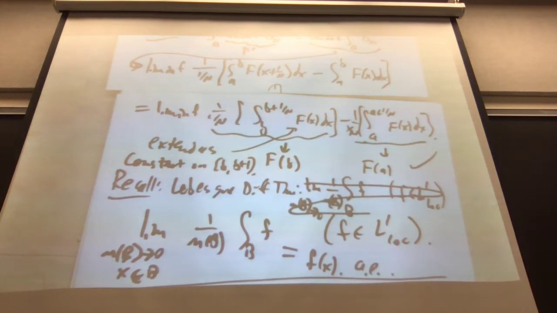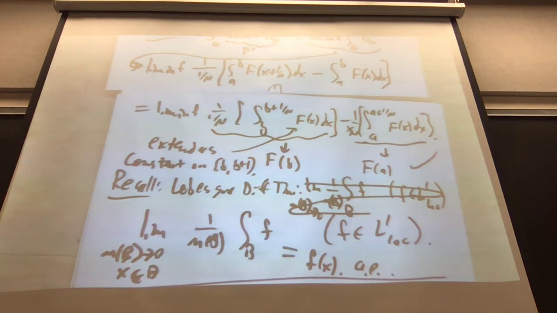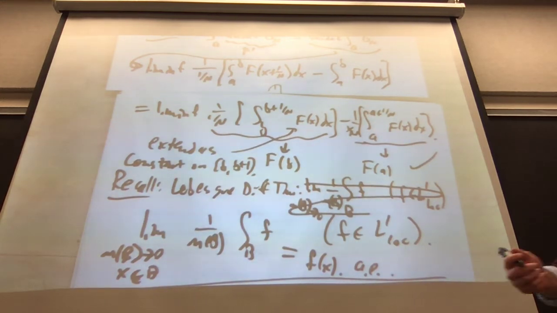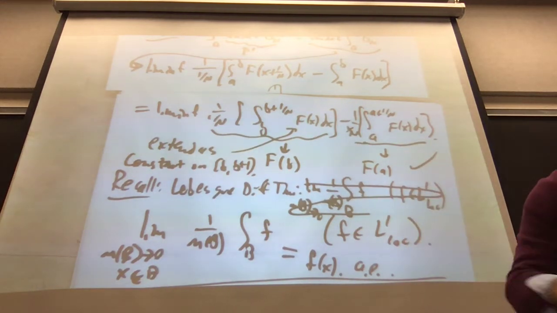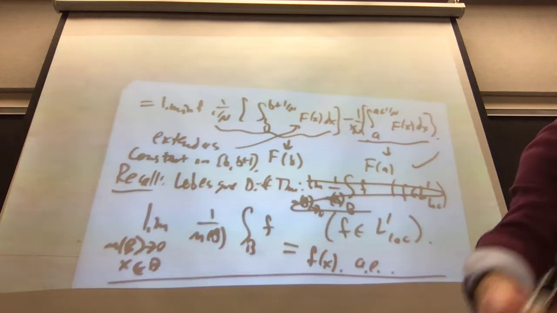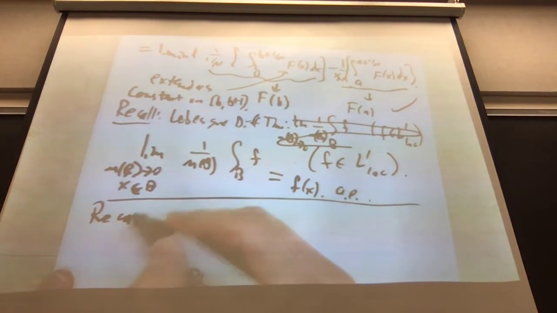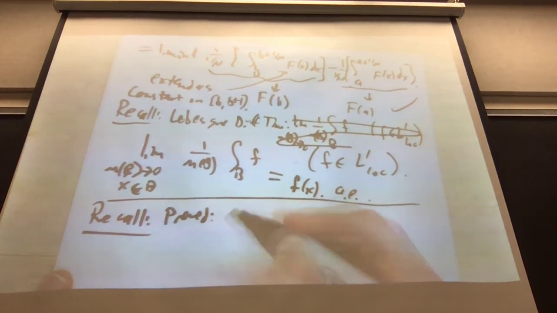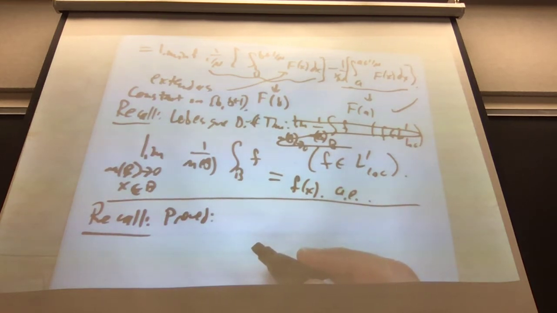Okay, good. So we clearly need something more in order to be able to conclude equality and not less than or equal to. And that something more is absolute continuity. So recall, we also proved, I want to give you a better version.